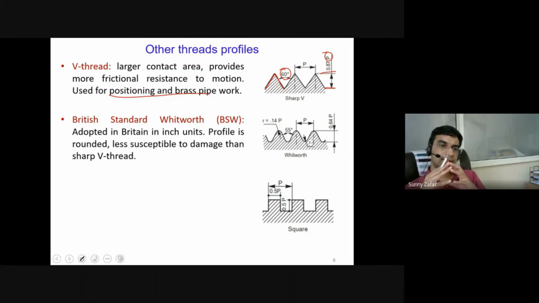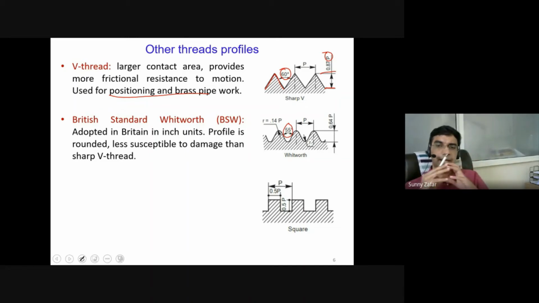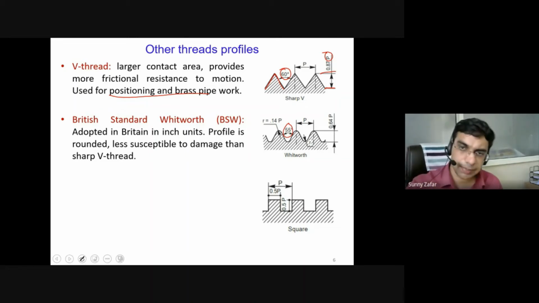Next is the British Standard Whitworth. These were developed in Britain, and of course they follow inch units. But nevertheless, these threads are also used. The difference here is that the thread angle is reduced to 55 degrees, and instead of a sharp corner at the crest or the root, we have a rounding effect.